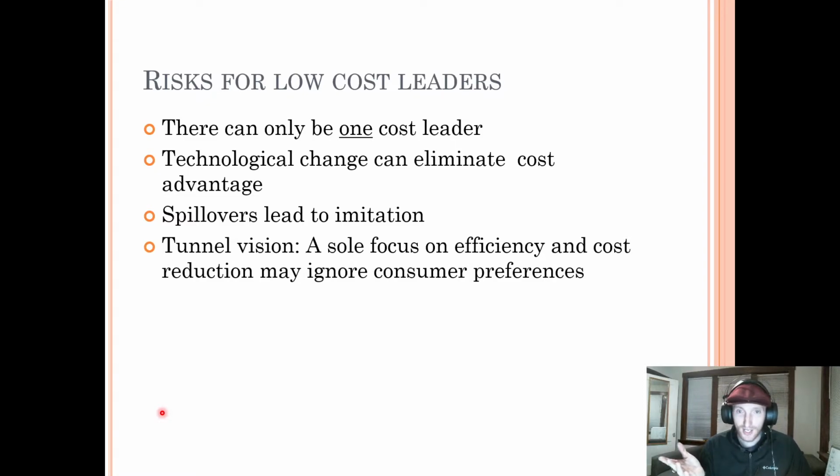A change in technology could potentially eliminate whatever cost advantage you have. A new manufacturing technique or a new type of product might allow other firms to start producing at a price level or cost level commensurate with yours. We call this a knowledge spillover.